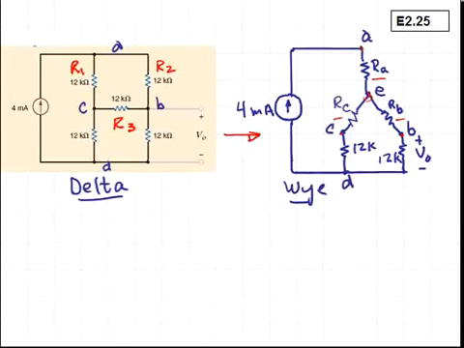Now we'll consider the calculation of the resistor elements in the equivalent Y circuit. We have the resistor R sub A is equal to R1 times R2 divided by the sum of the resistances in the delta configuration.